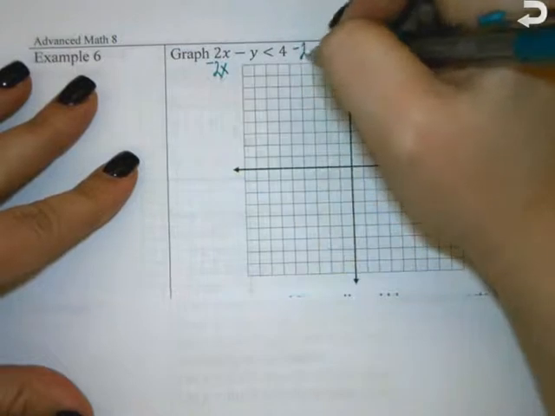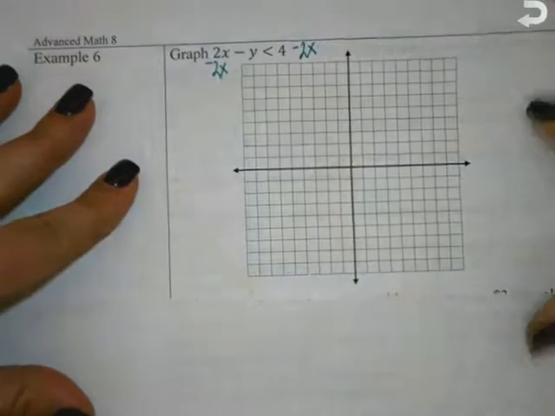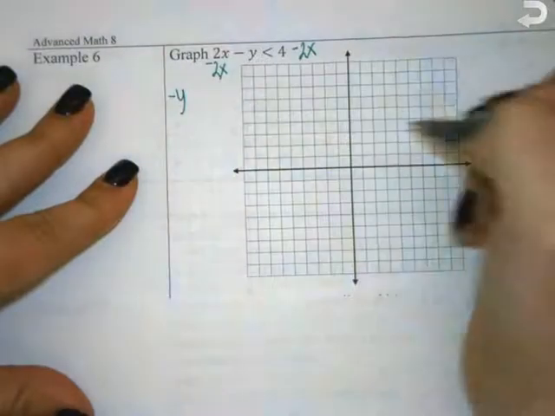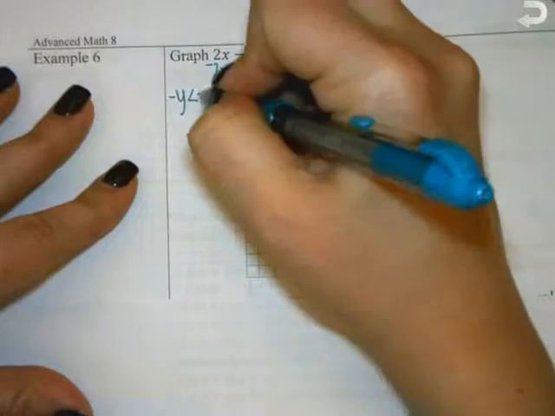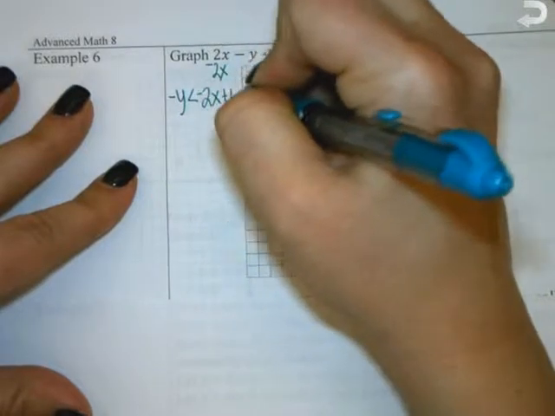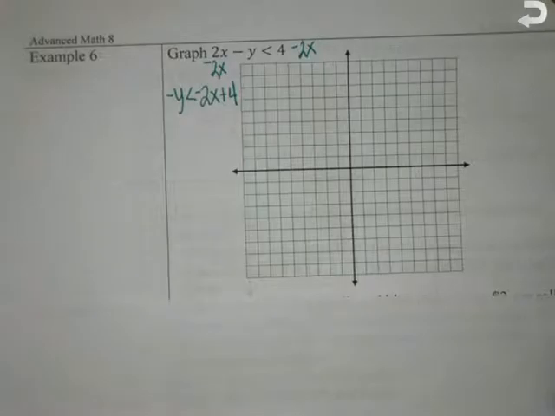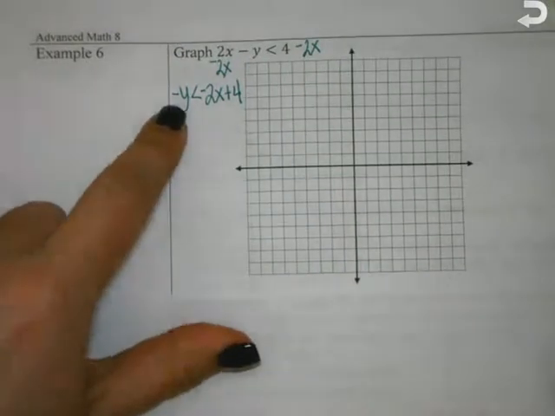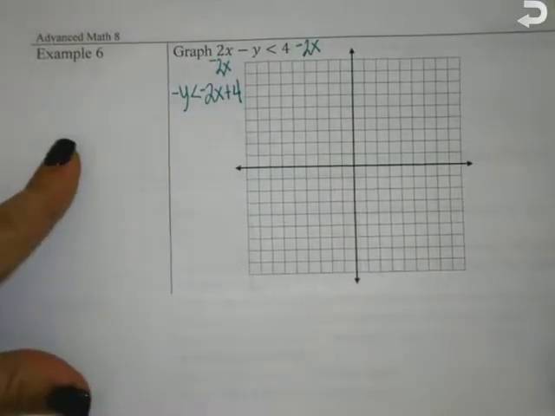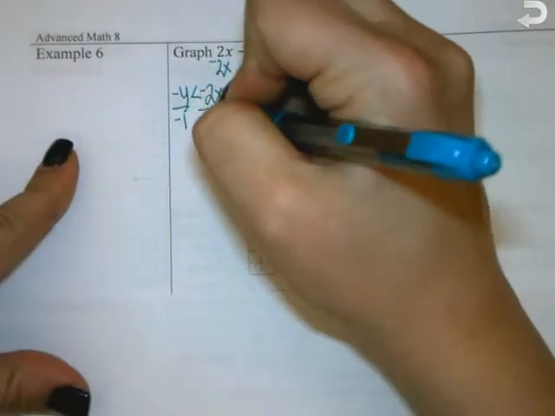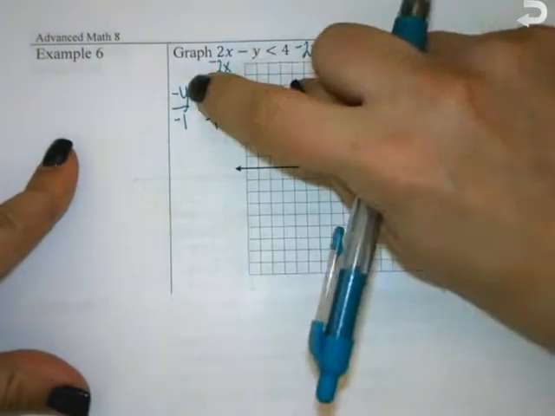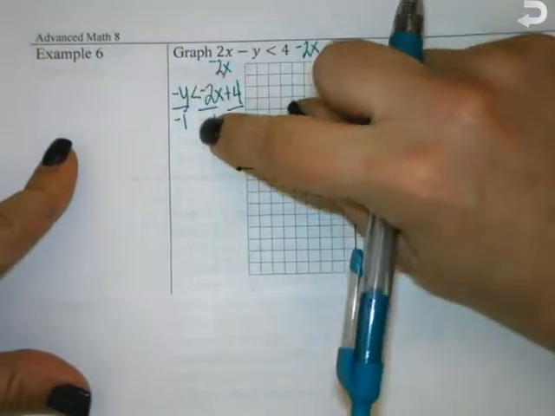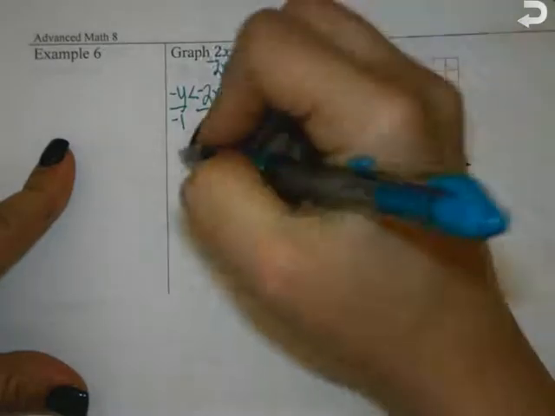So that would give me negative y is less than negative 2x plus 4. We did this right before the final. Now I need to get y by itself. So what would I have to divide by? -1. So to get the negative y into a positive y, I divide by -1. So that gives me positive y.